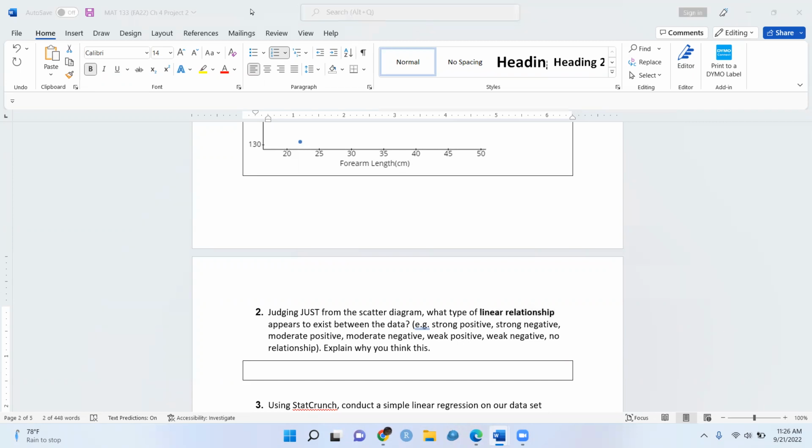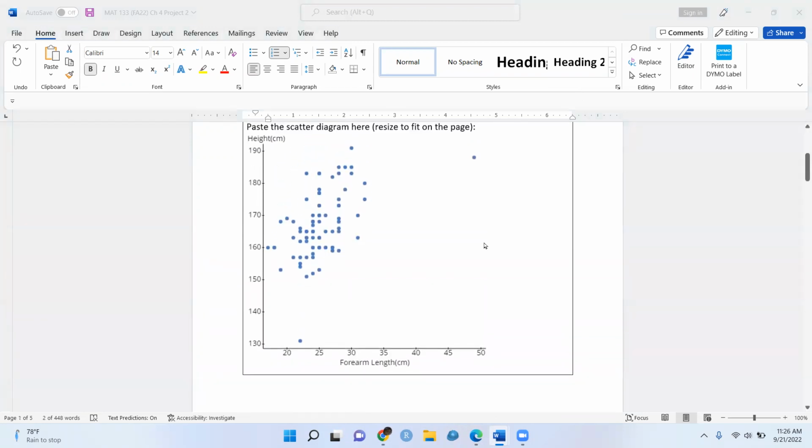Would that be a moderate positive? That's a good guess. I definitely agree with positive. Strong? I mean, I know it's positive, but it's just a constant increase. So would that make it the moderate, and then more of an incline would make it strong?